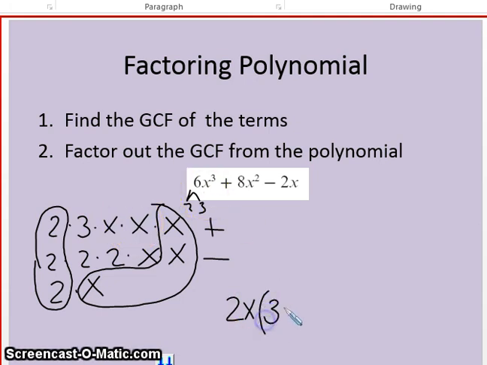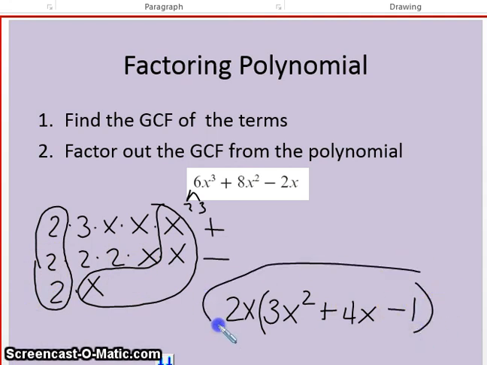So I put 3x squared right here. Then a plus, of course, because I'm adding. Now 2x times 2 times 2 times x is what will get me 8x squared. So 2 times 2 times x is 4x. Then there's a minus. And then 2x times what will get me 2x? Well, there's nothing left in this factorization here, so I just write 1.